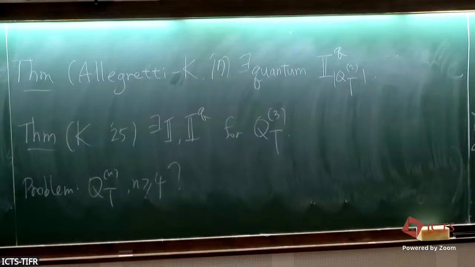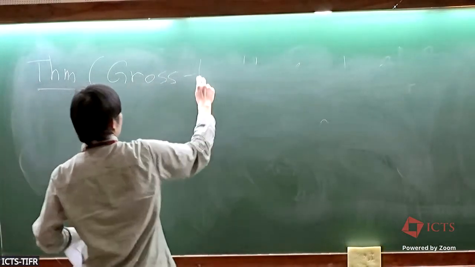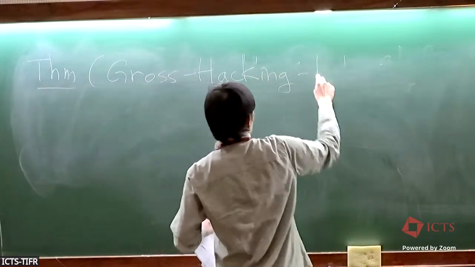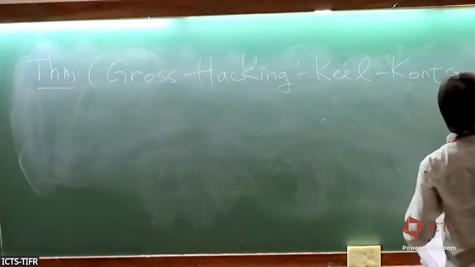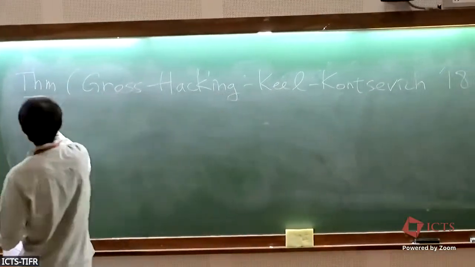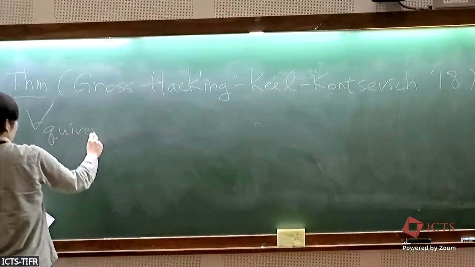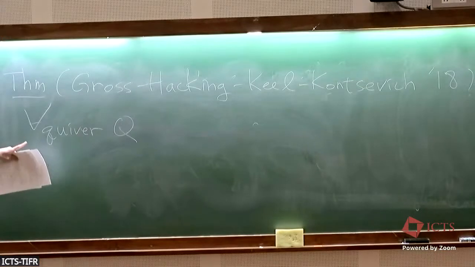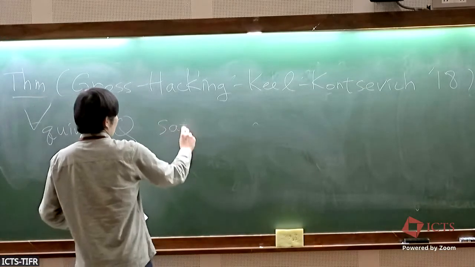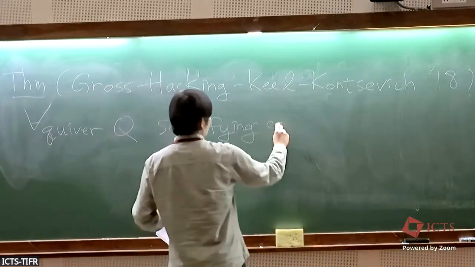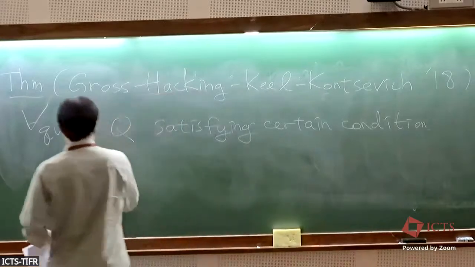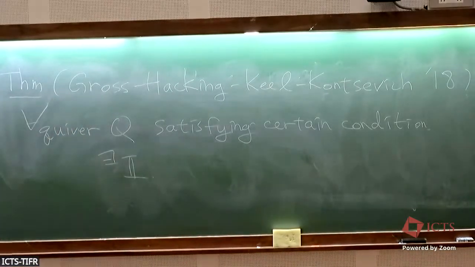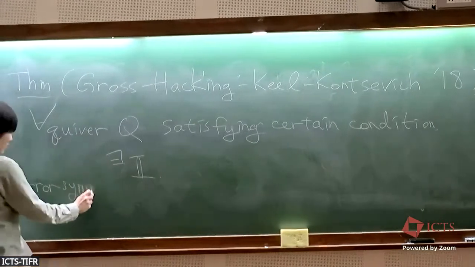The theorem by Gross, Hacking, Keel, and Kontsevich, which is published in 18, that for any quiver, not just these triangulation quivers, but any quiver satisfying certain combinatorial condition, there exists a canonical I, and this work uses mirror symmetry of log Calabi-Yau varieties. It's very, very powerful.